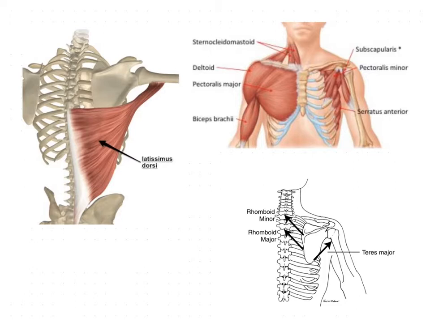So the two primary patterns of the shoulder complex function are, one, the elevation of the shoulder complex, as well as the depression.